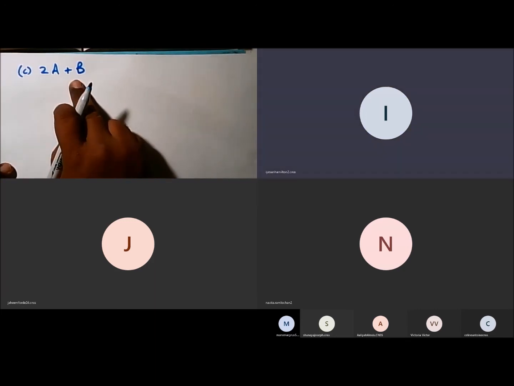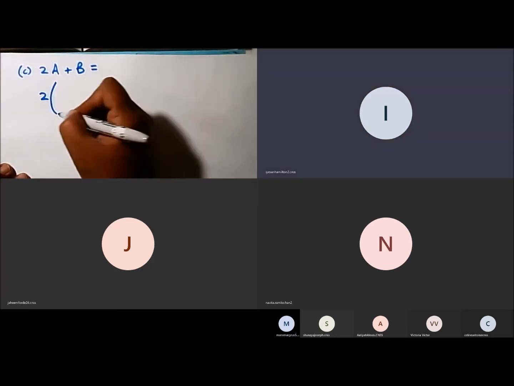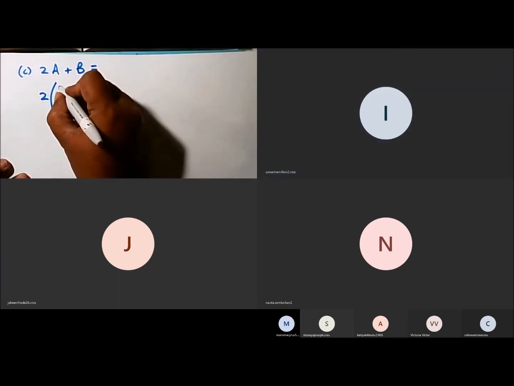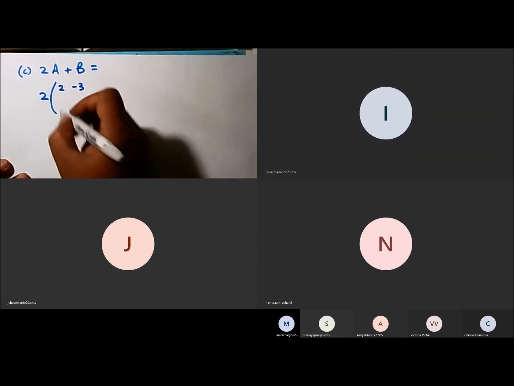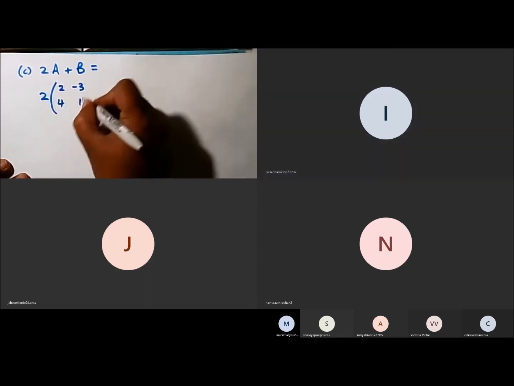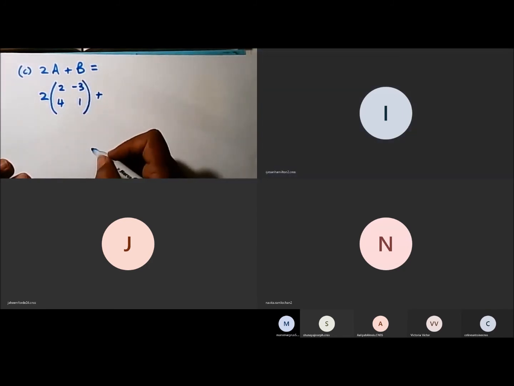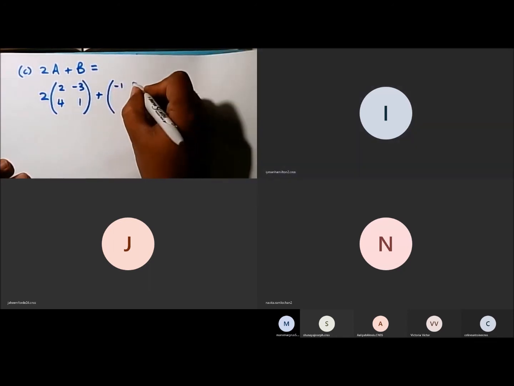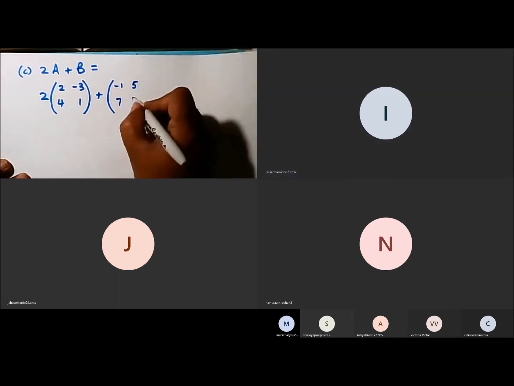So we will put it as 2, and A was the matrix 2, minus 3, 4, 1. And we add in that to B. B was minus 1, 5, 7, 3.